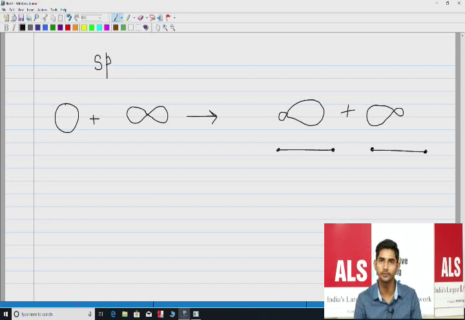I was just saying that these are the 2 lines. I have replaced the hybrid orbitals with these 2 lines, and now I'm asking how I can place these 2 lines so that the bond angle between them is maximum, or what can be the maximum angle between these 2 lines?